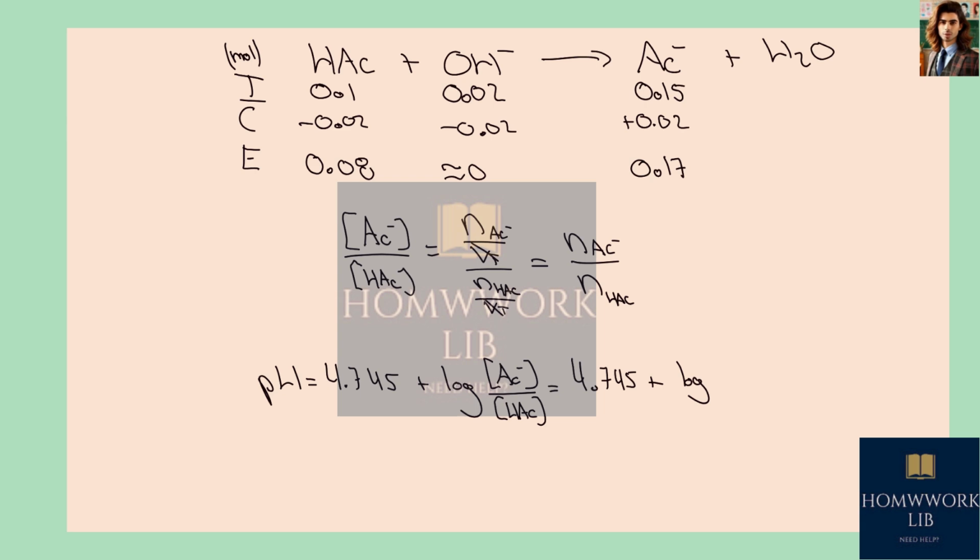So of Ac minus, I'm going to have 0.17 divided by 0.08. The pH of the solution is 5.07, which is very close to 5.1. And that will be all. Thank you very much.